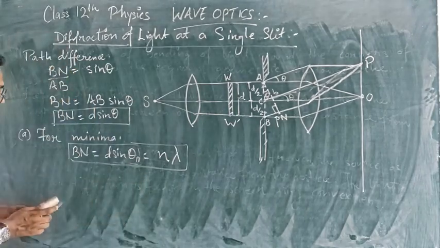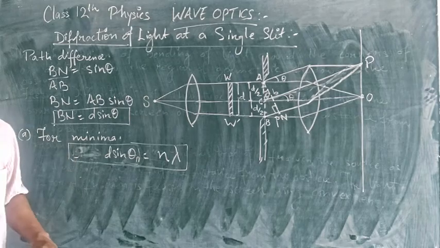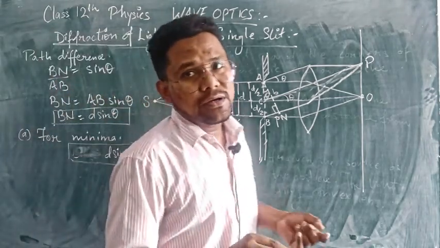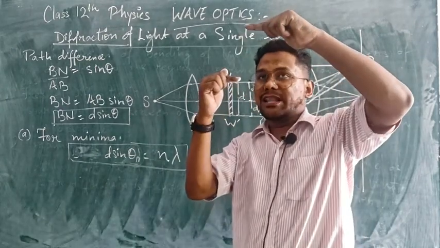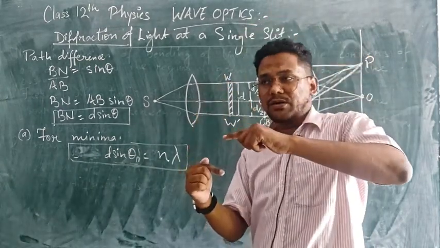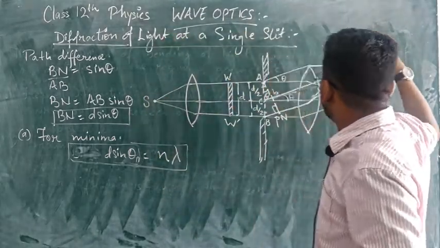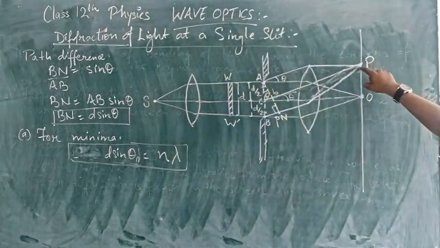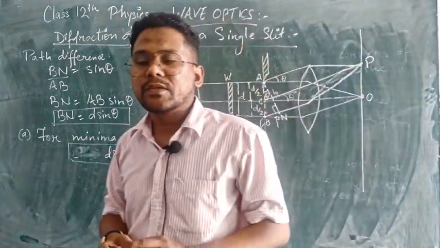Okay, I am erasing BN from here. For minima, d sine theta is equal to n lambda, because I have already told, if I take it to be lambda, for the upper half it is lambda by 2, for the lower half it is lambda by 2. Lambda by 2 and lambda by 2 always interfere here out of phase, so destructive interference, minima.